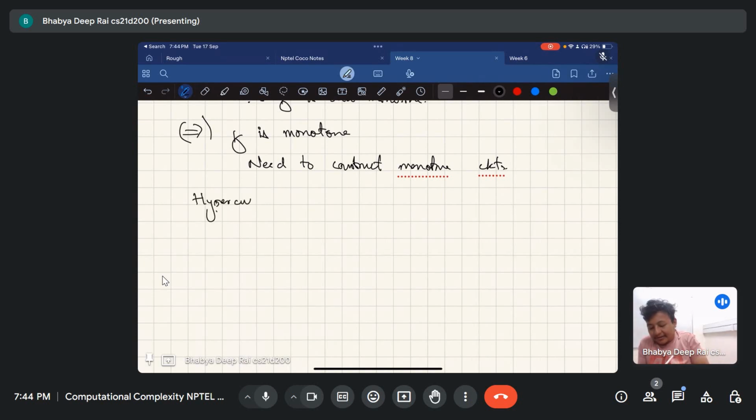You may have seen in your discrete maths course that a hypercube is like a lattice.